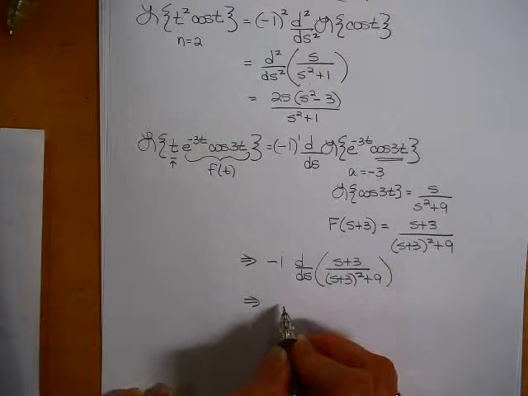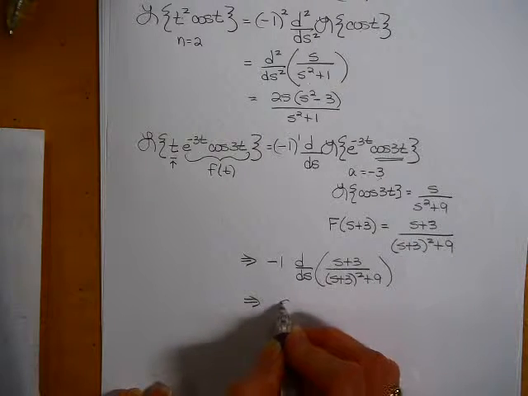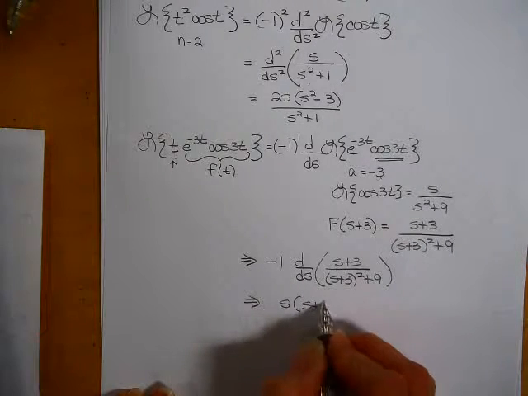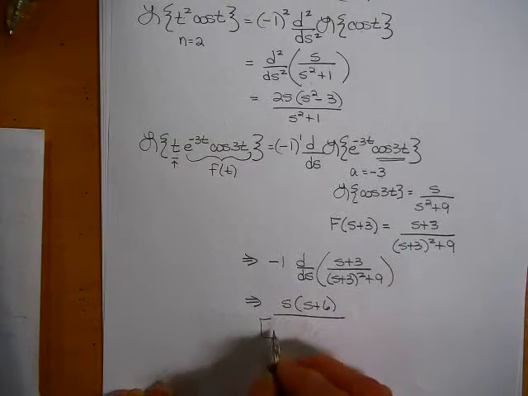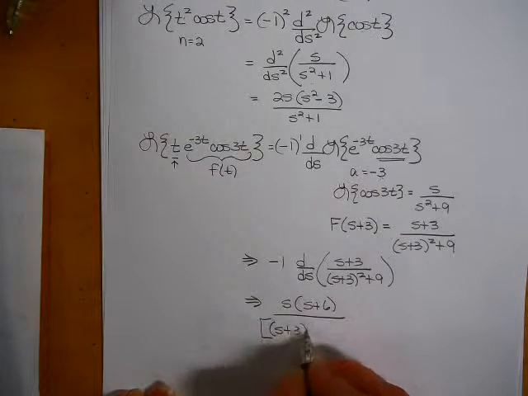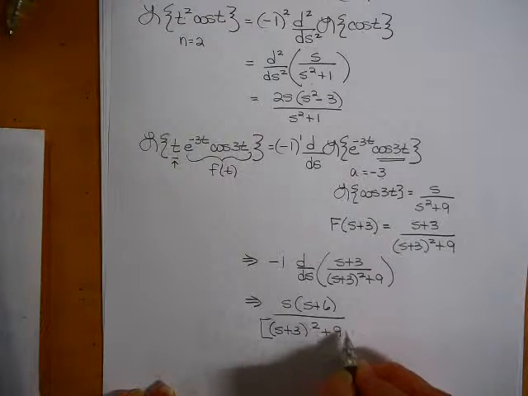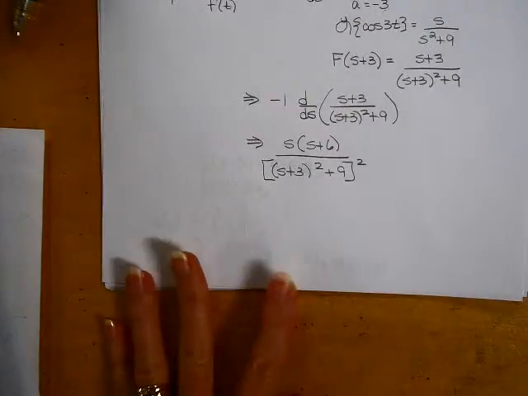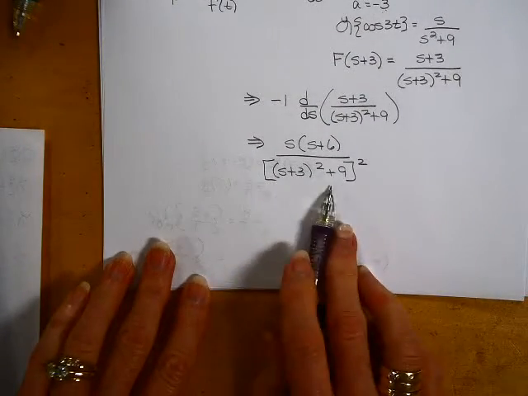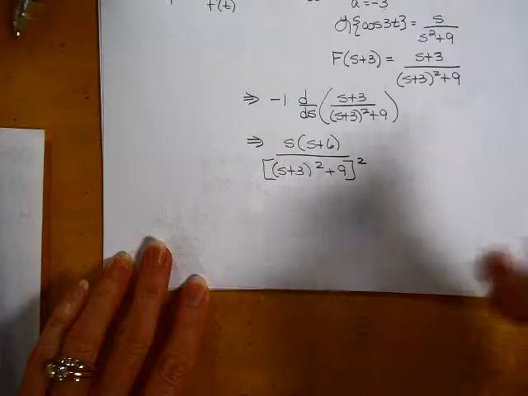My calculator spits out the opposite of this: s times s plus 6 over, and it went ahead and foiled the denominator out, but what it is, is s plus 3 squared plus 9, and all of that is squared. Mine foiled it out, but this is the form.